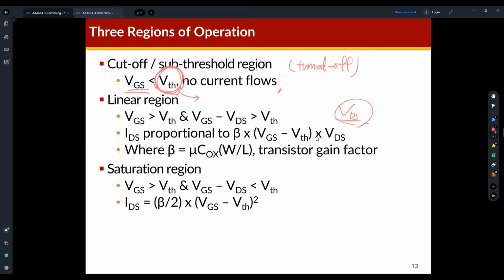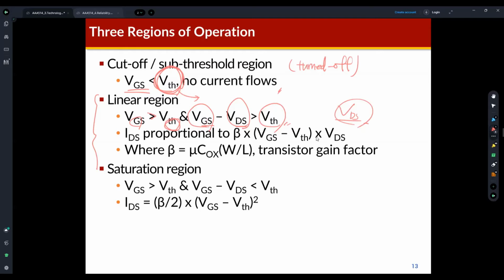And then the linear region means that this is working. Most transistors work in the linear region and the saturation region. The condition of the linear region is that the gate voltage level is higher than the threshold voltage, and the voltage level between gate and source, VGS, minus VDS is higher than the threshold voltage.